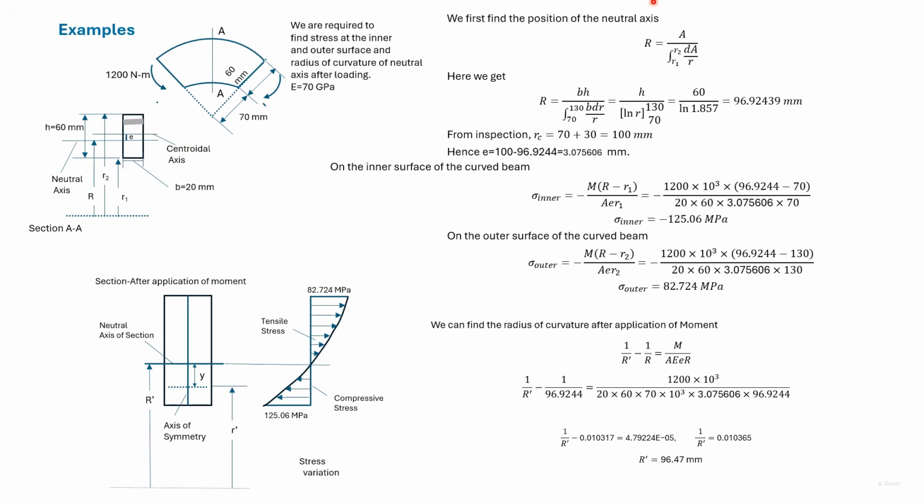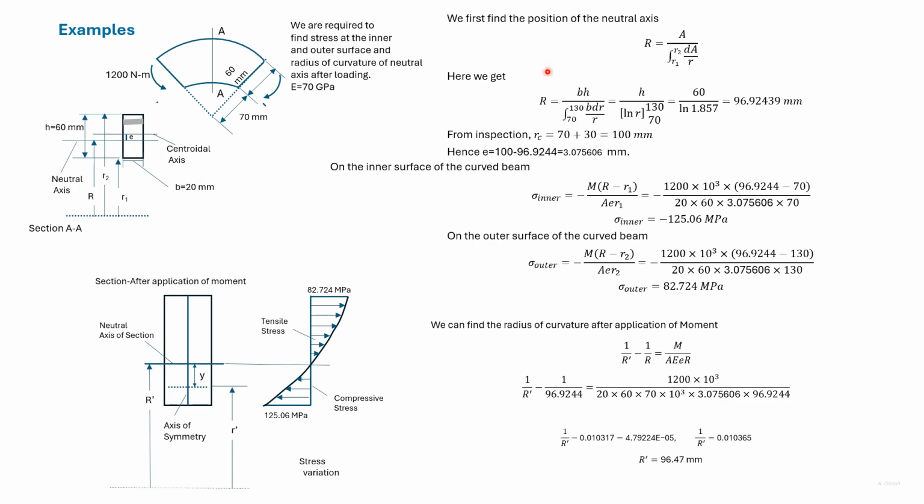We integrate from R1 to R2, which is the radius of curvature of the inner surface to the radius of curvature of the outer surface. The integration in the denominator gives ln r with the limits shown. So we obtain r, the radius of the neutral axis.